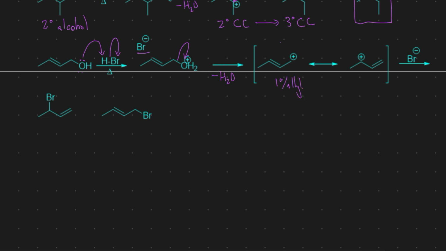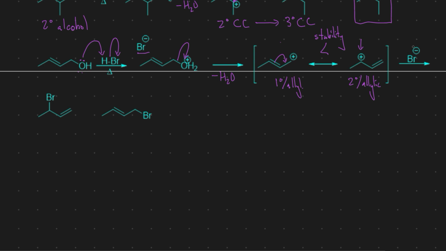Bouncing these pi electrons around, we then have a secondary allylic carbocation. This is much more stable than the primary allylic one.